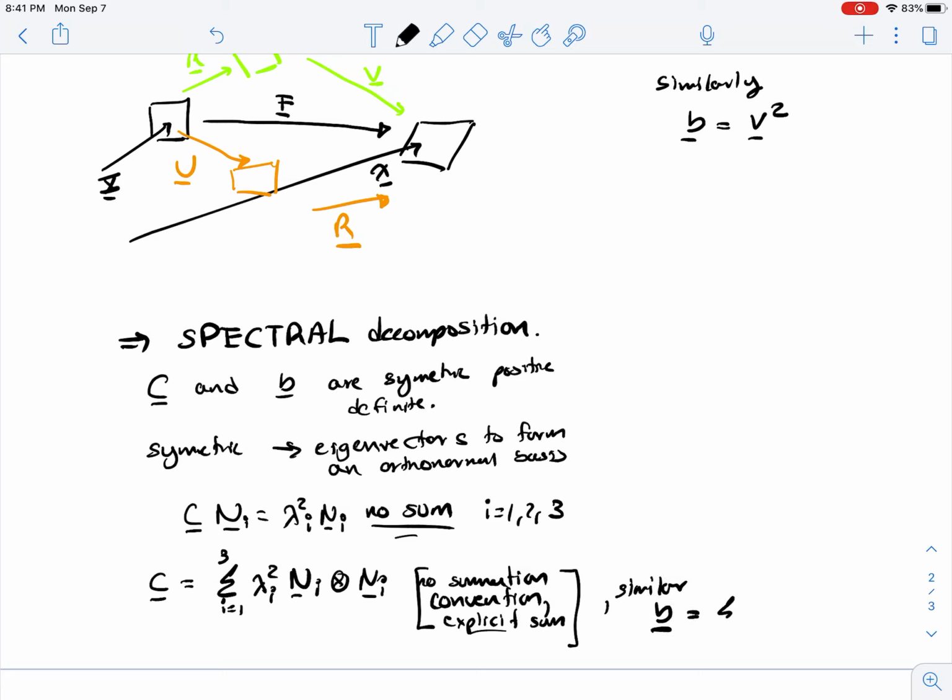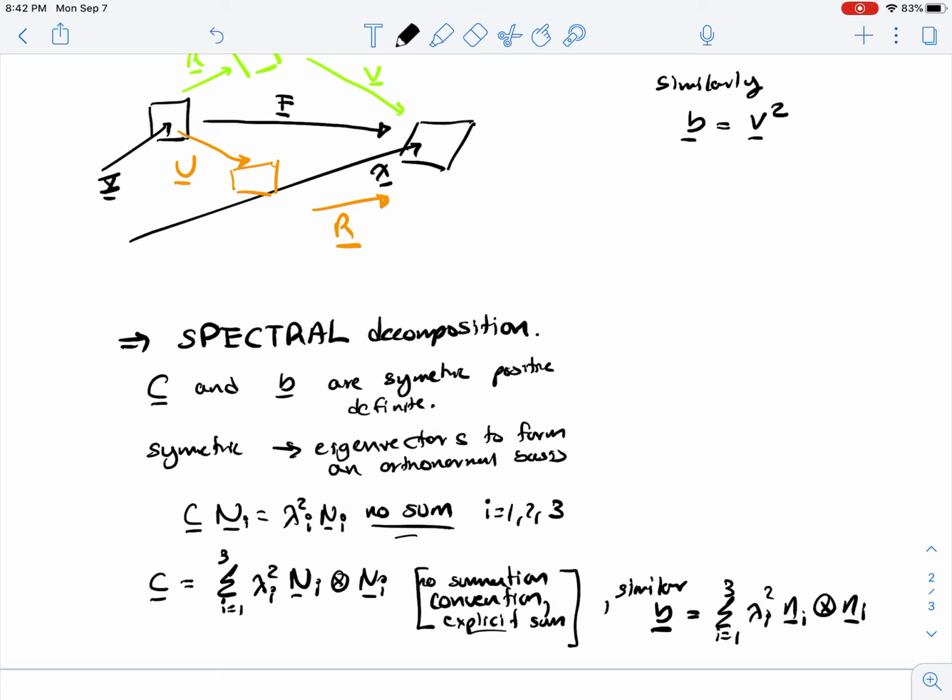Analogously, B you can also express as the sum from 1 to 3 of lambda i square Ni dyadic Ni. There is obviously a relationship between the capital N and the lowercase n, and that's going to be for your homework.